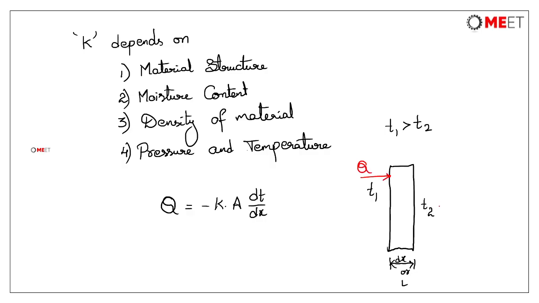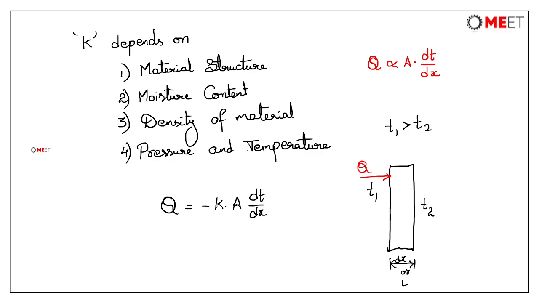the other side. According to Fourier's law of heat conduction, heat transfer is directly proportional to the area perpendicular to the heat flow direction multiplied by the temperature gradient dT by dx. Temperature gradient means change in temperature with respect to the distance.